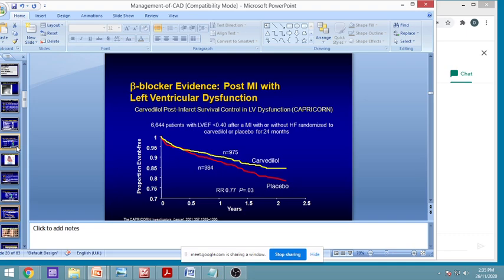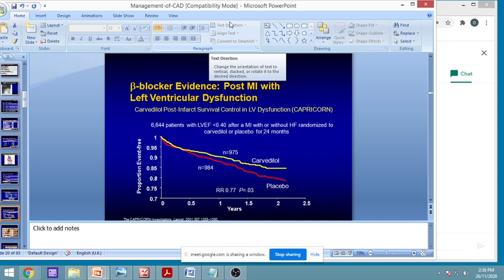So carvedilol, post-infarct survival control in left ventricular dysfunction. Carvedilol is one of the beta blockers, and it is prescribed in patients who have survived a left ventricular infarct and have left ventricular dysfunction.